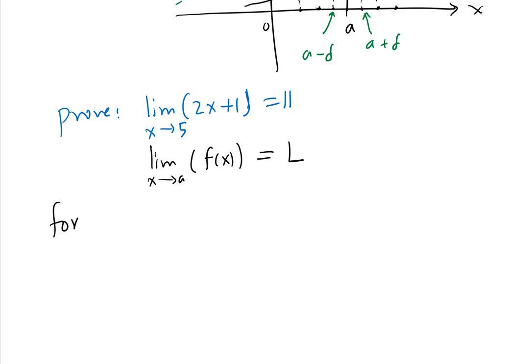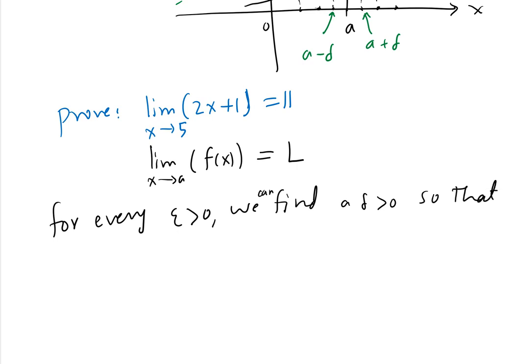For every epsilon bigger than 0, we can find a delta bigger than 0 so that absolute value of x minus a less than delta implies absolute value of f of x minus L less than epsilon.